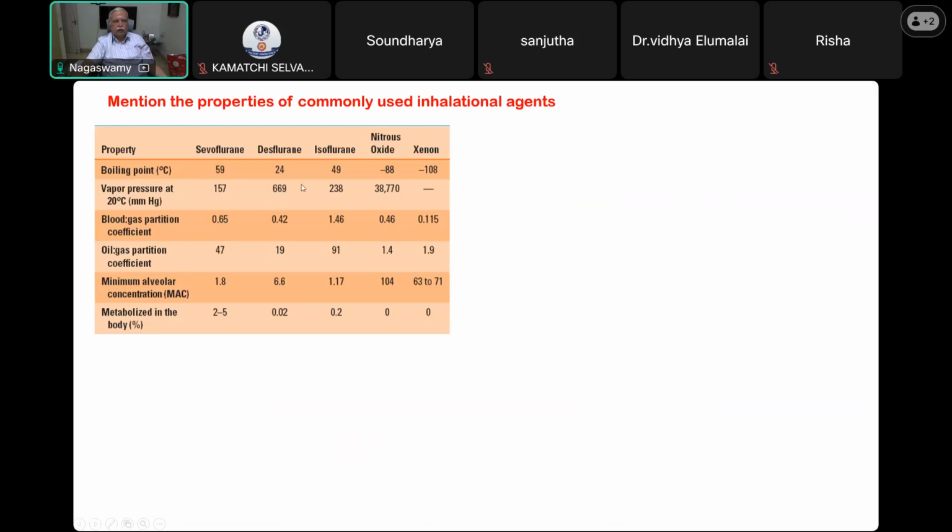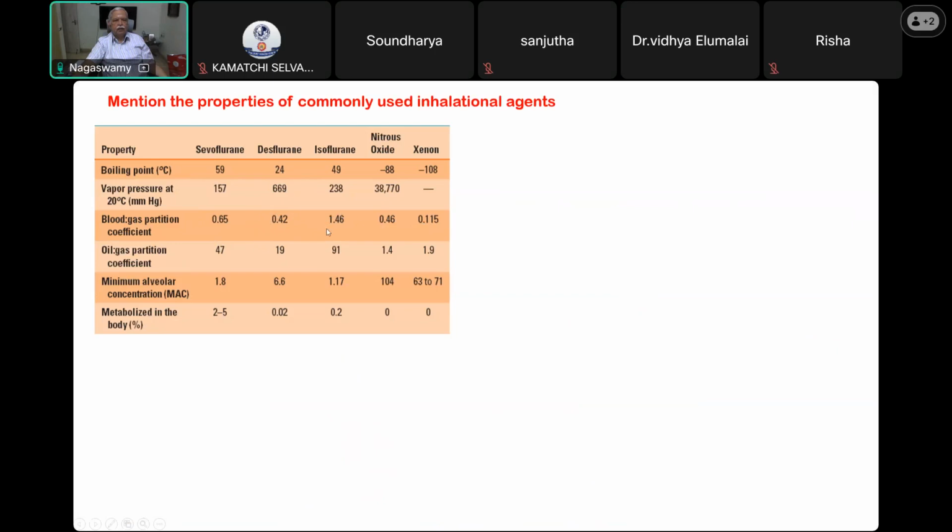So desflurane has the highest vapor pressure, 669 millimeters of mercury. And the blood gas partition coefficient, what is the importance of this? And you see which one has got the lowest blood gas partition coefficient in this? Xenon. Yes, here it is xenon, and desflurane comes next.